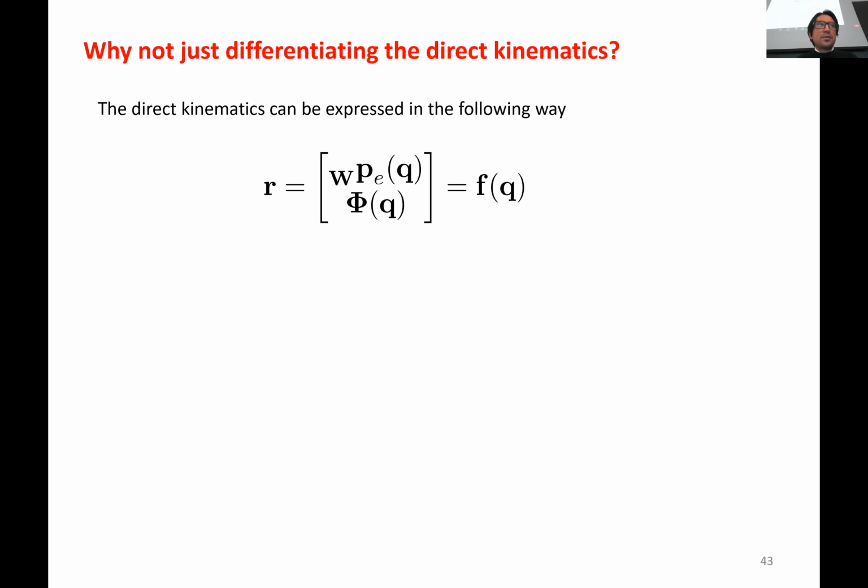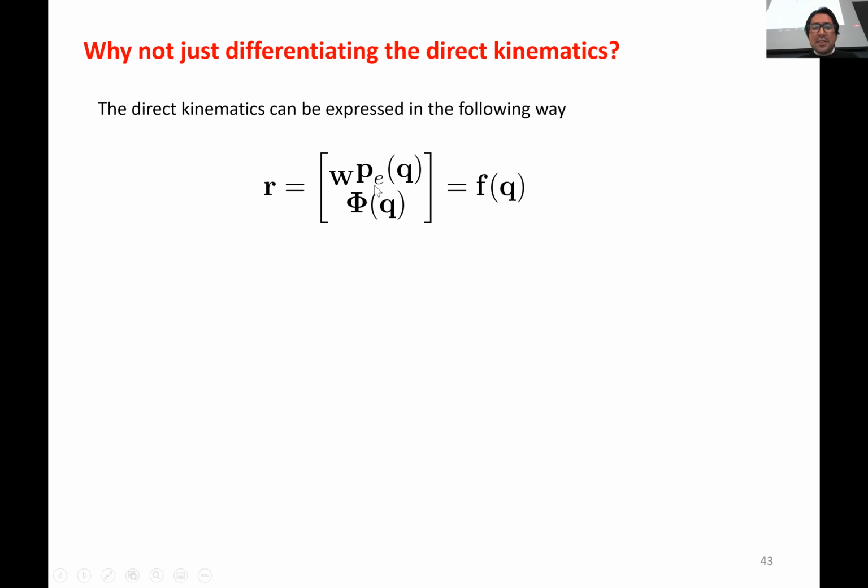Okay, so let's go to the start of the analytical Jacobian. Let's start with an initial question: why didn't we just differentiate the direct kinematics? Basically, why didn't we just take the derivative of f of q, and that's it? That's actually something that we could do.